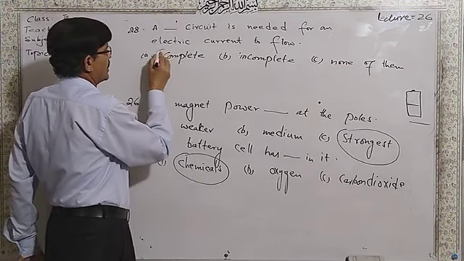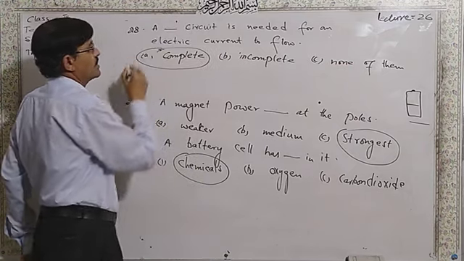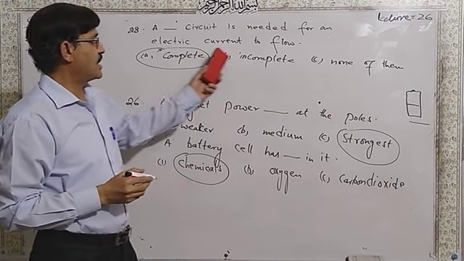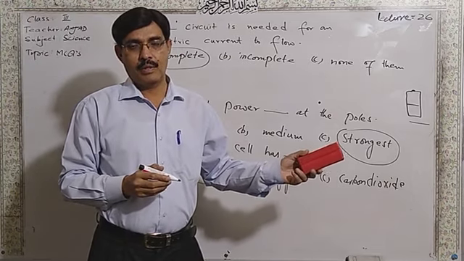Here, a complete circuit, this is the answer. A complete circuit is needed for an electric current to flow.